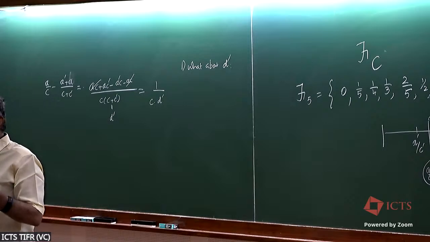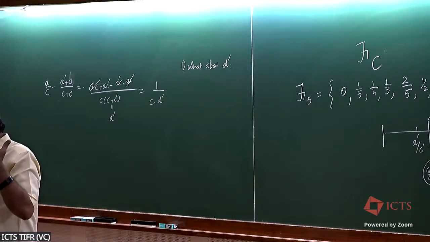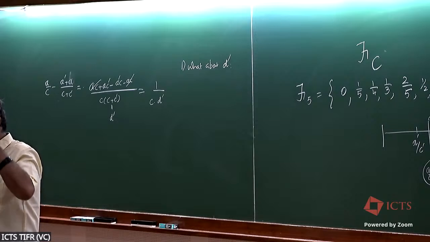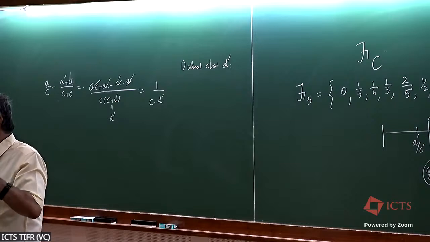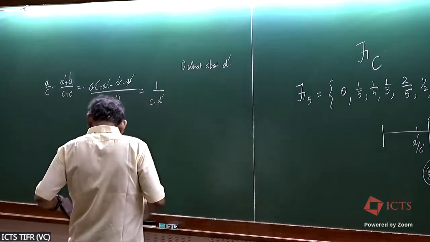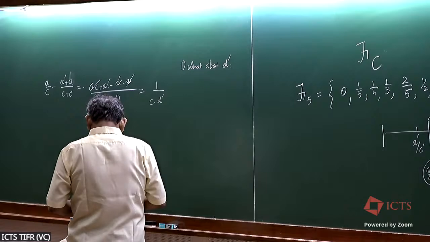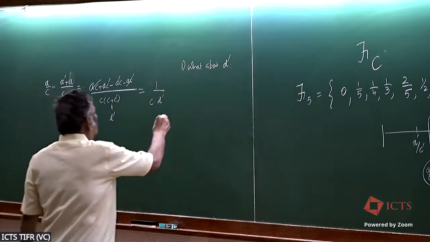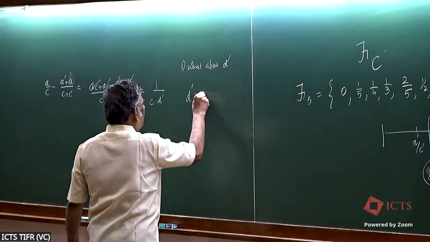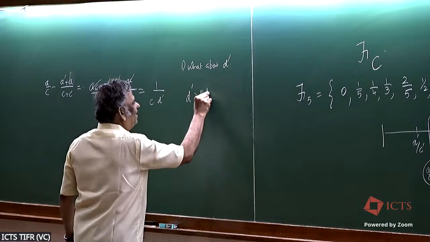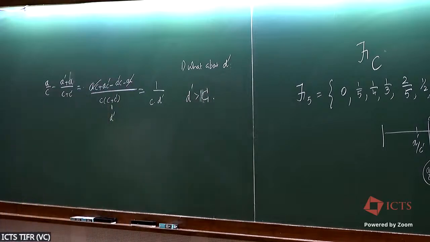Since this element did not, but the Farey fraction FC consists of all fractions whose denominators are less than or equal to C, the very fact that this element did not occur means that the denominator C plus C dash should be bigger than capital C. Therefore, the first thing which I know is this denominator is bigger than capital C. Okay, there's a lower bound.